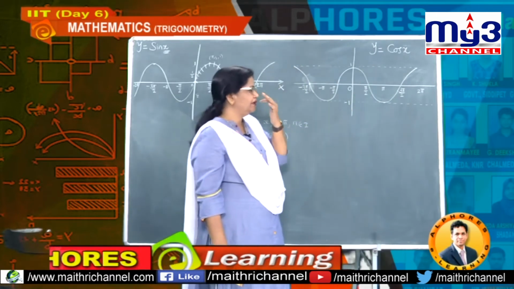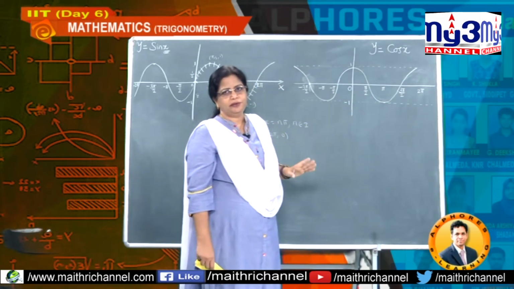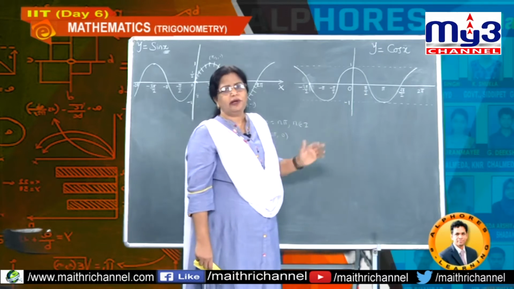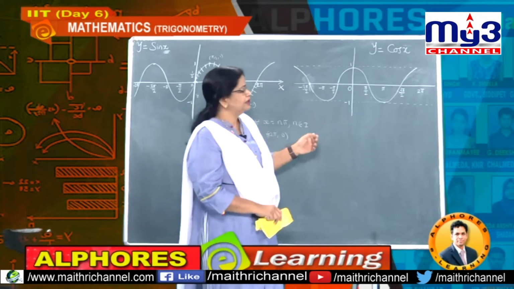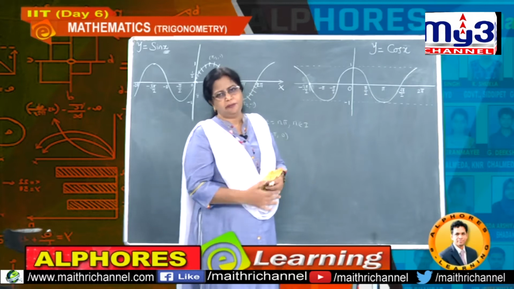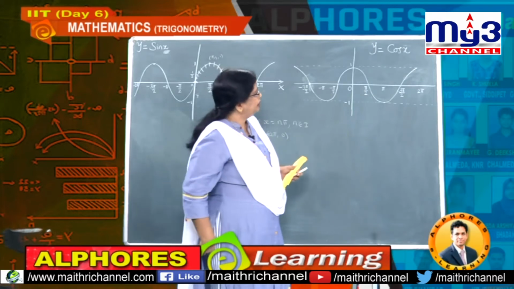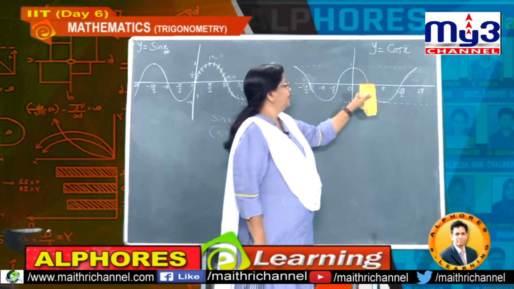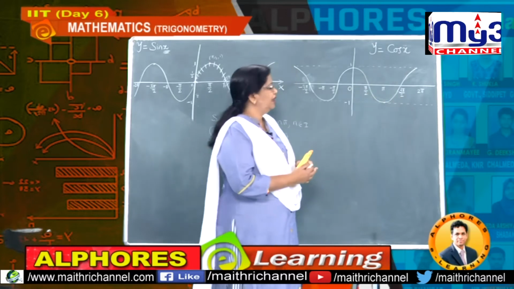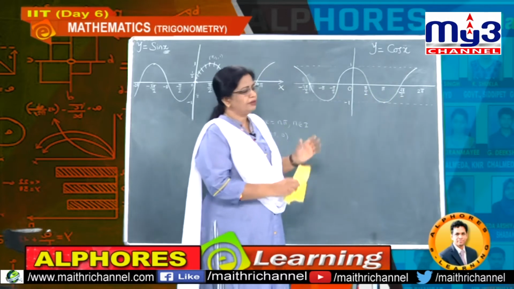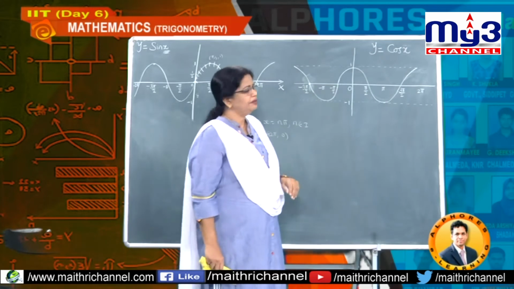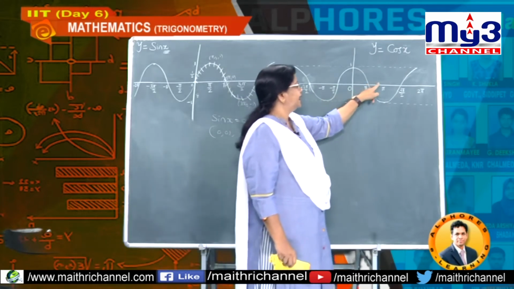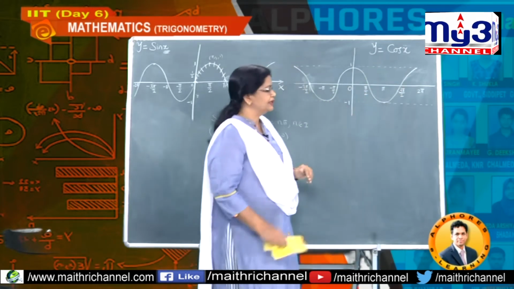Earlier we observed cos x value is 0 for all x belongs to odd multiples of pi by 2. So here also the same thing is happening. For all odd multiples of pi by 2, the cosine function is taking 0 values. At that stage exactly it is cutting the x axis.